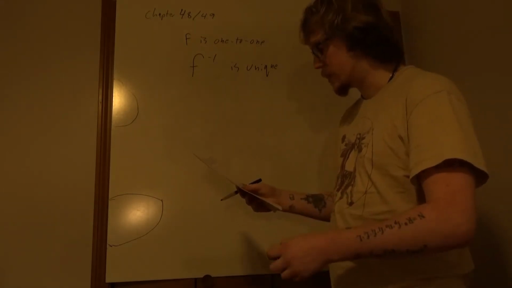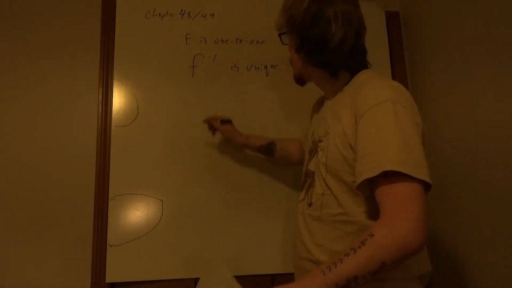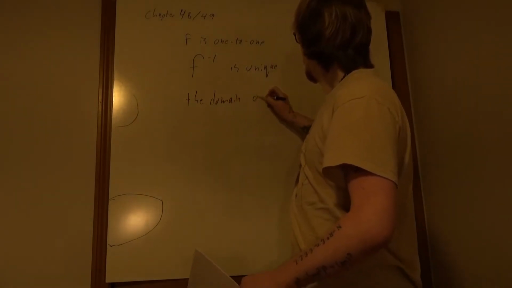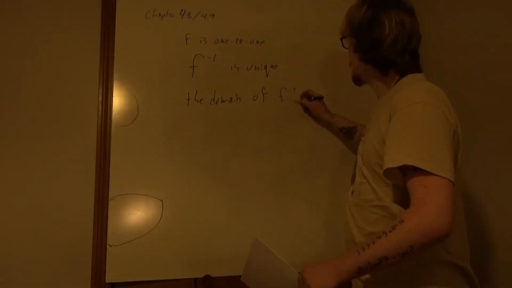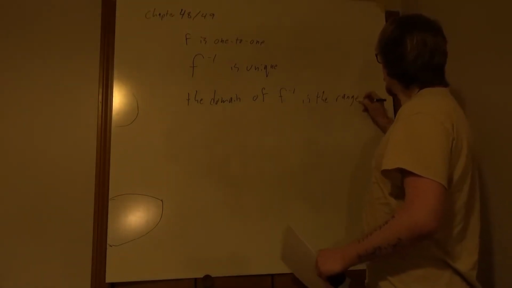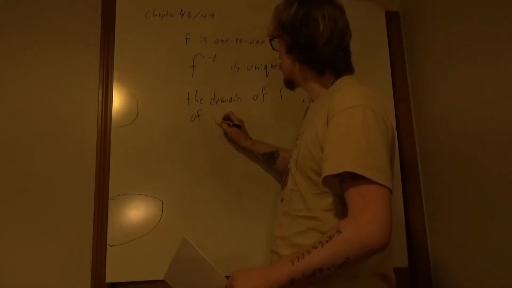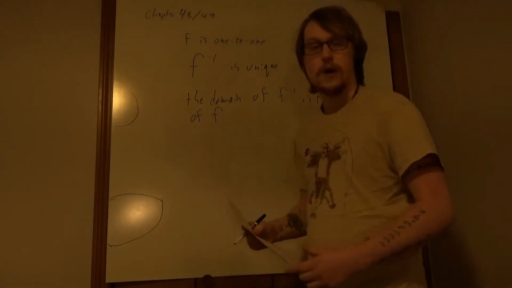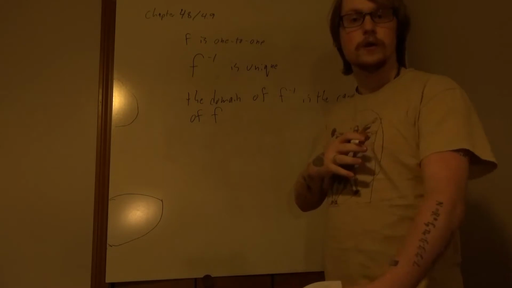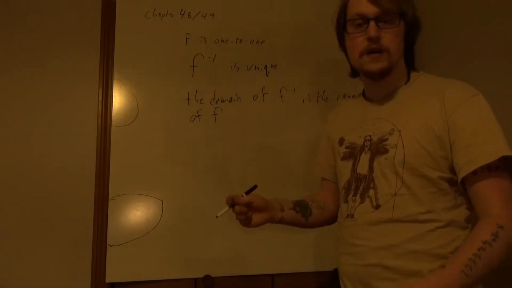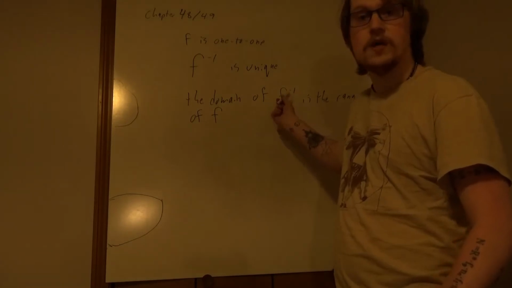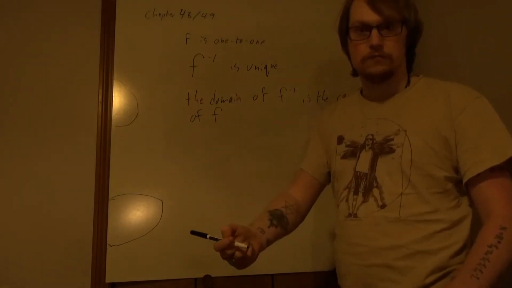So yeah, it's unique. The domain of f inverse is the range of f, right? Because we are considering f inverse to be undoing whatever f did, and so that means that we have to take as inputs for f inverse the outputs of f.